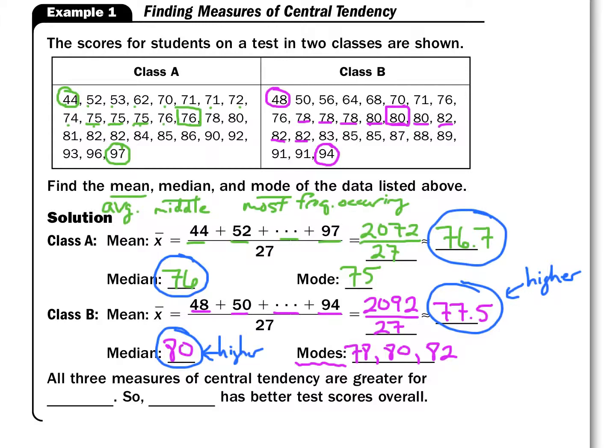And the modes, all 3 of the modes for Class B are higher than the mode for Class A. So because all 3 measures of central tendency are greater for Class B, we would say that Class B has better test scores overall.